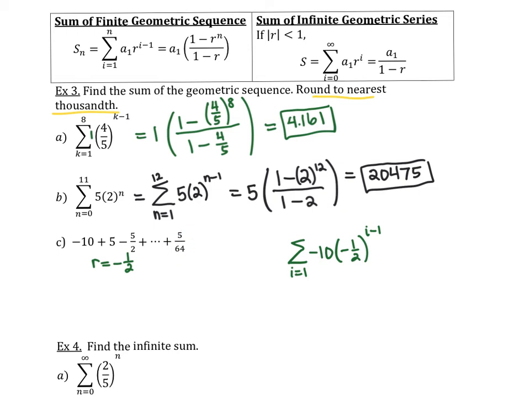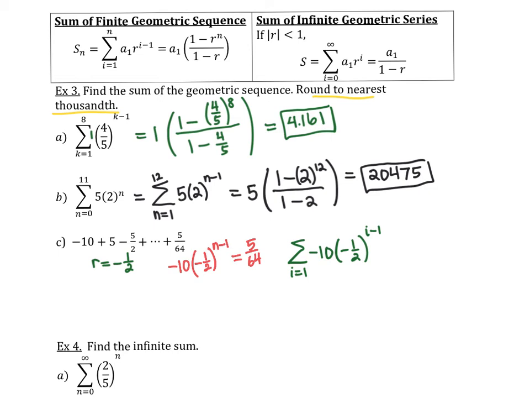So I'm going to set this formula up and solve for n. The formula for this is -10 times -1/2 to the n minus 1. And I want to figure out which term 5/64 is. So what n value gives 5/64?